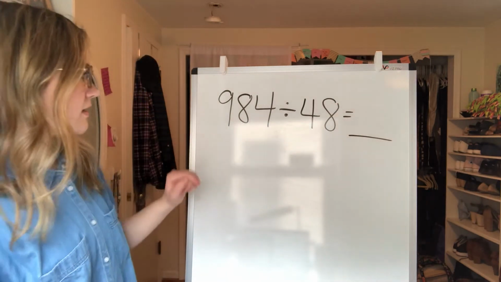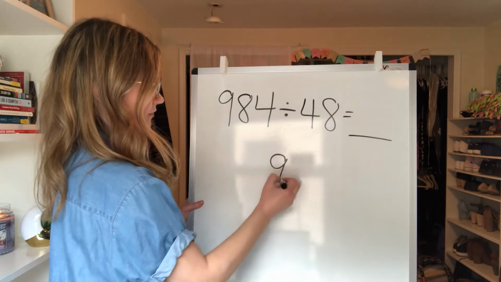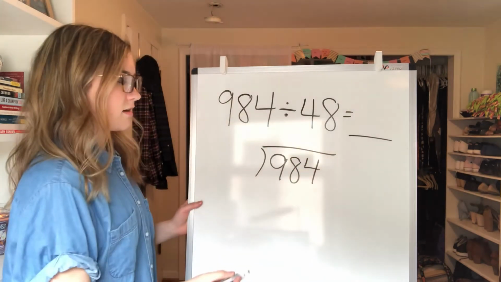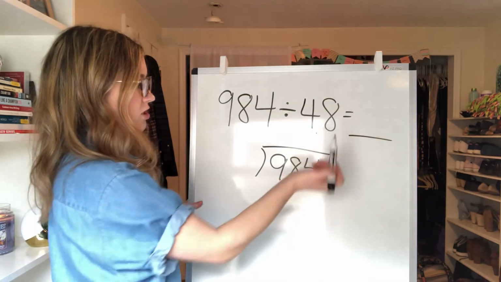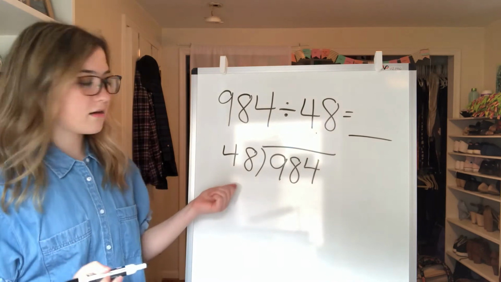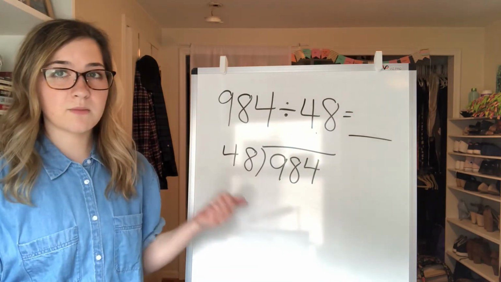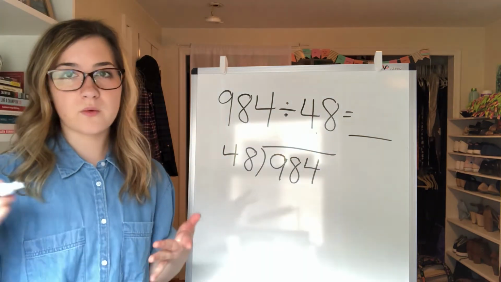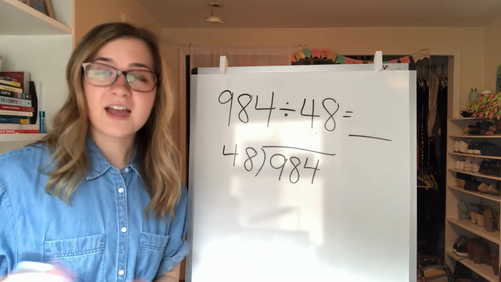When I'm setting this up, I will have 984 inside. My dividend always goes inside, and then my divisor, it's a 2-digit divisor, will go on the outside. This is mixing in the 2-digit divisor that we did on Monday, and it's going to start where instead of using a remainder, we're going to use a decimal.